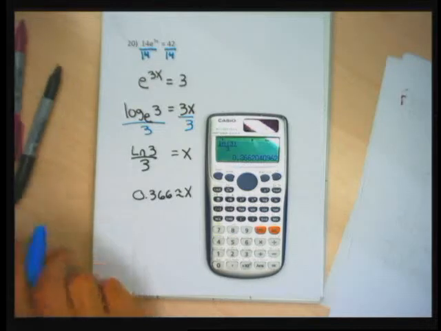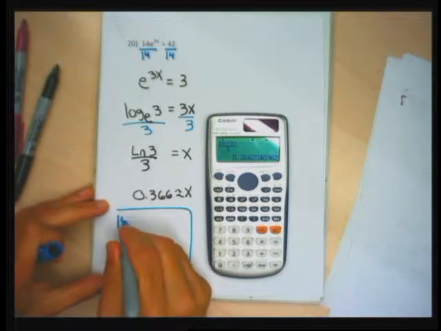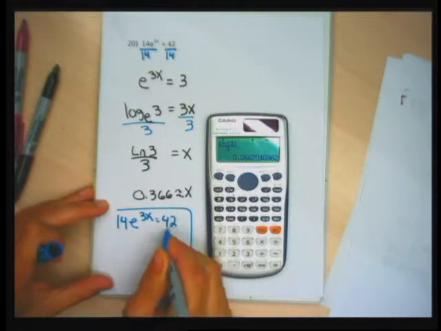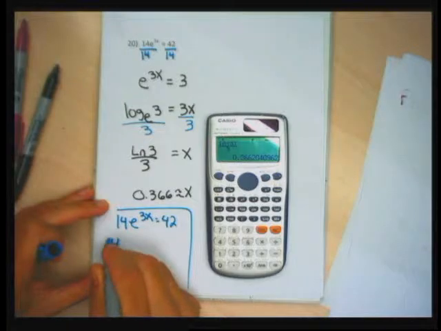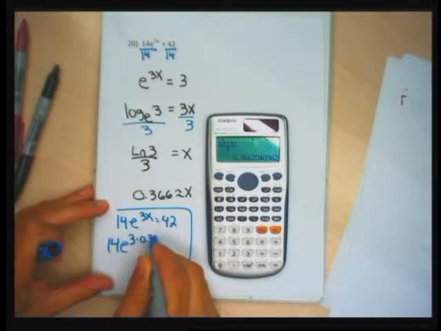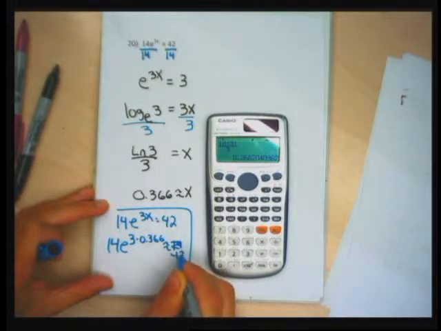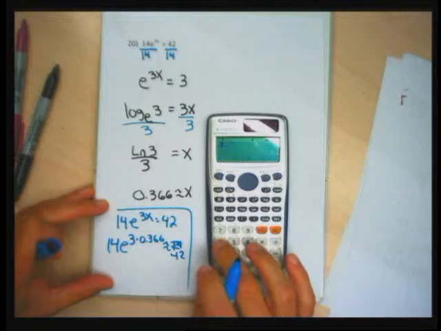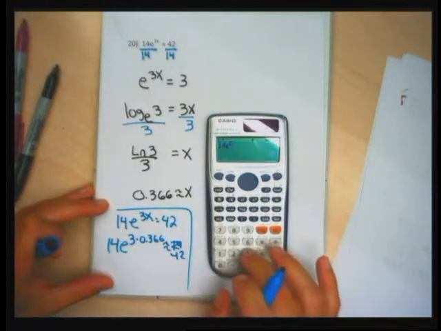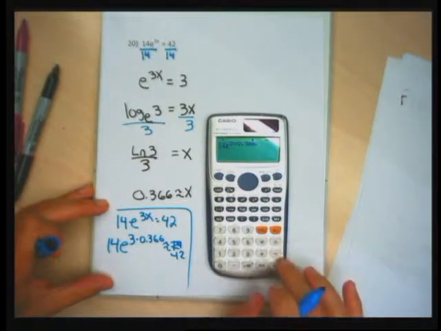Now I'm going to check. So for checking, the original problem was 14 times e to the 3x equals 42. I'm going to see if 14 times e to the 3 times 0.366 is about 42. So 14, shift ln for the e with the exponent, and then 3 times 0.366.